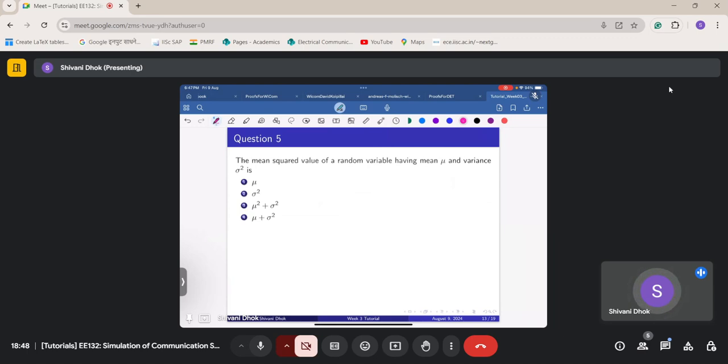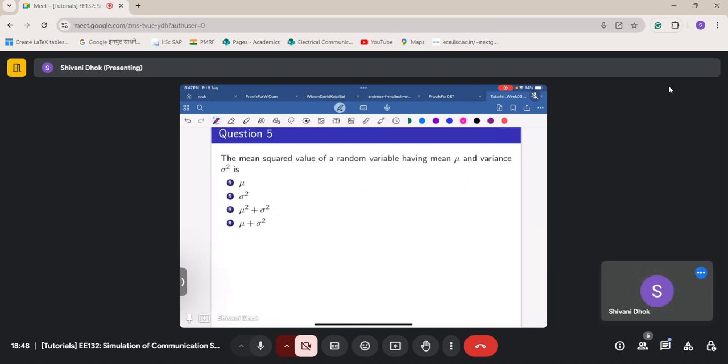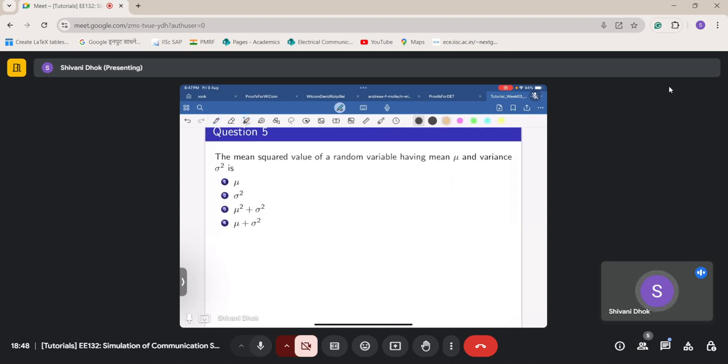So what is given to us is, the question says the mean squared value of a random variable having mean mu and variance sigma square is. So what we need to find is the mean squared value of a random variable.